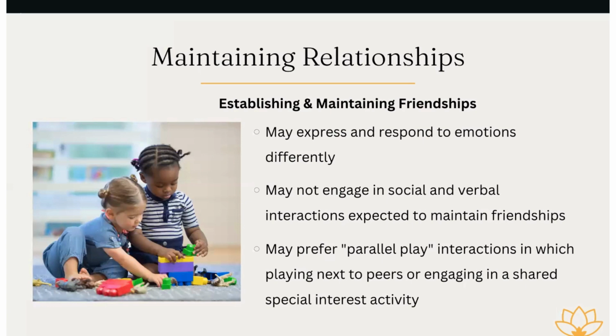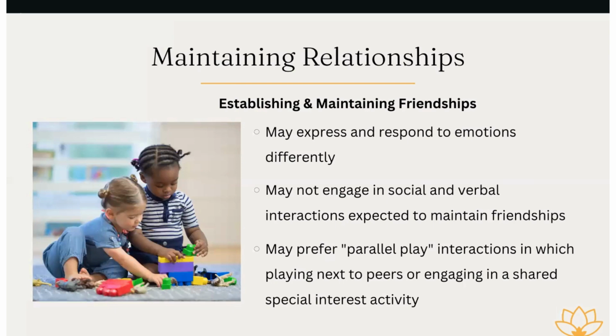And for little ones and even into adulthood, they may prefer parallel play interactions, where they're playing next to or in close proximity to a friend or a peer or a family member, or they might prefer to engage in a shared special interest activity, right?